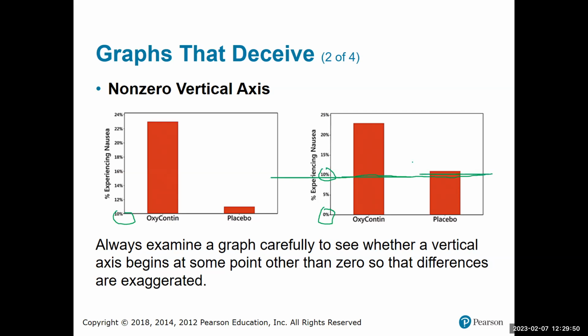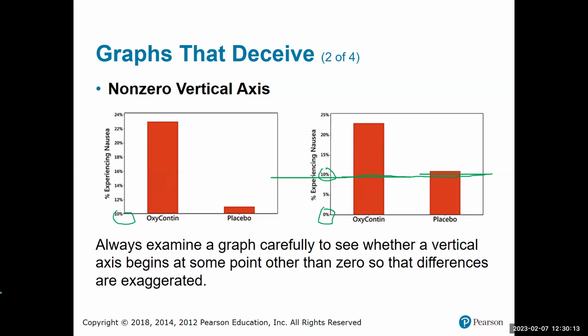They cut off the bottom to make it appear, right, that OxyContin, for whatever reason, is, I don't know if it's more effective. What is it we're talking about? Oh, yeah. So this is the percentage of people experiencing nausea. So they're trying to make it look like, why would it be more? I don't know.